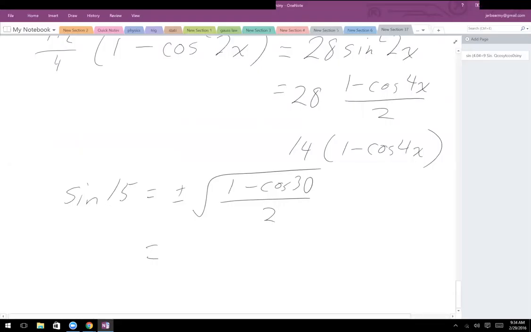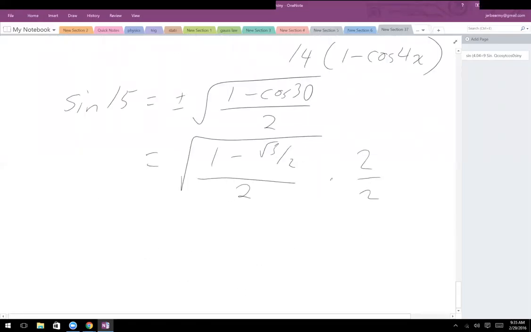And sine of 15, 15 is in quadrant 1, so it's definitely going to be plus. So we got 1 minus root 3 over 2, over 2. Just to make it a little prettier, I'm going to multiply the numerator and denominator both by square root of 2. So on bottom, square root of 2 just becomes 2. On top, square roots just multiply, so 2 times 1 is 2. The root cancels. So square root of 2 minus square root of 3 over.